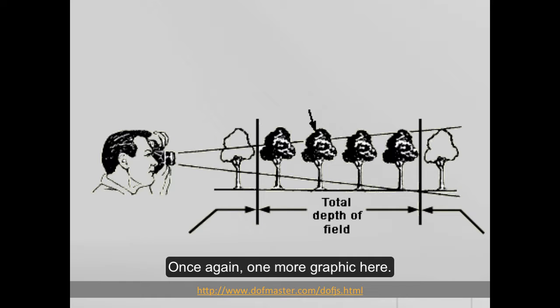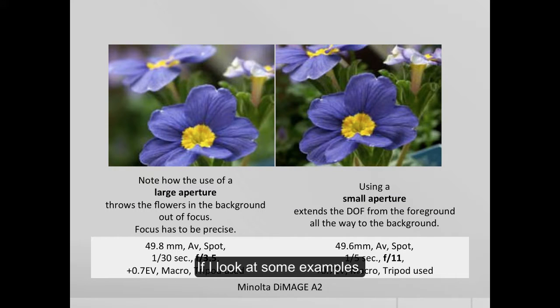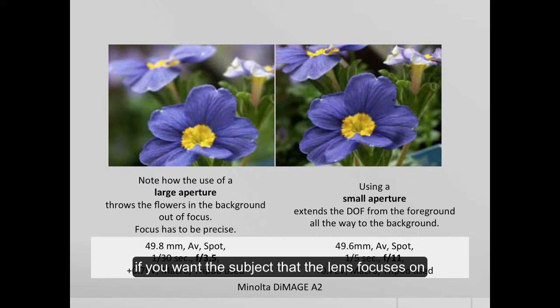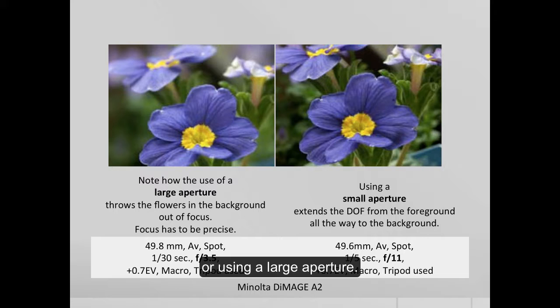Once again, one more graphic here. If I look at some examples, if you want the subject that the lens focuses on to be sharp, and everything else out of focus, then you'd want to open up the aperture, or use a large aperture.